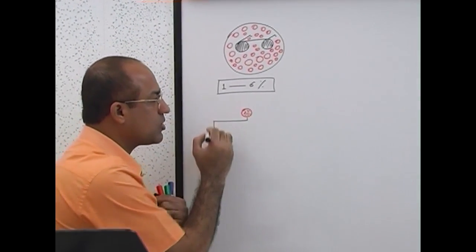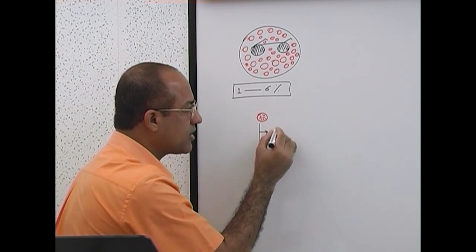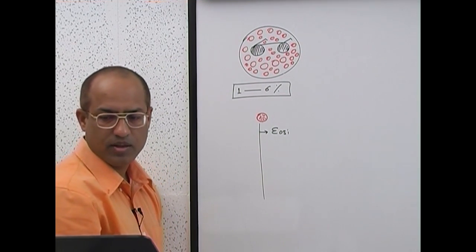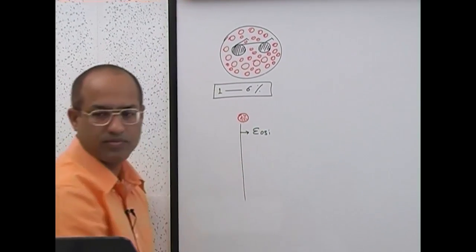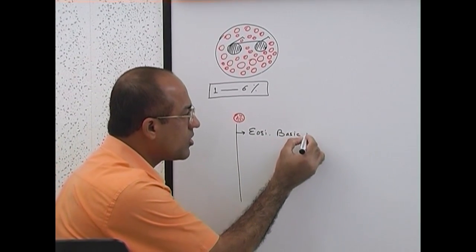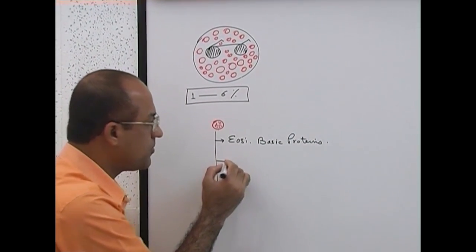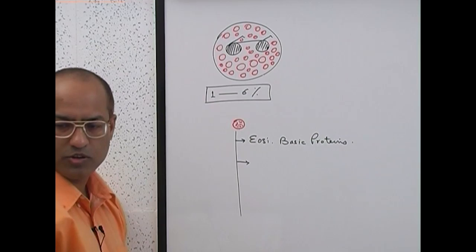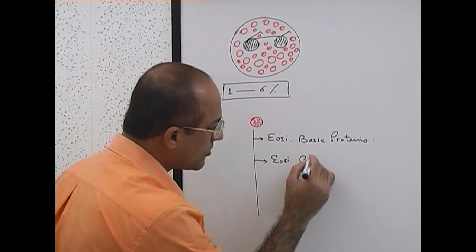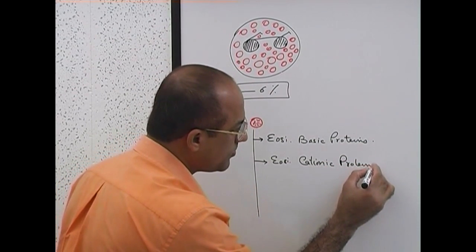Number one, these granules are very rich in eosinophilic basic proteins, right? Number two, they are having eosinophilic cationic proteins.